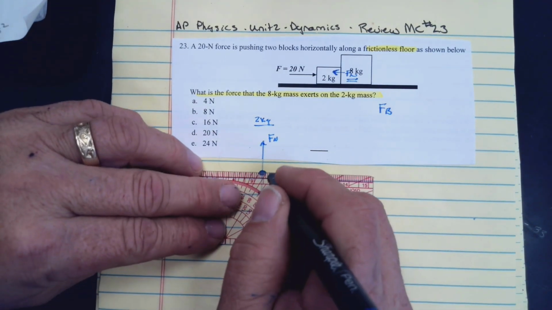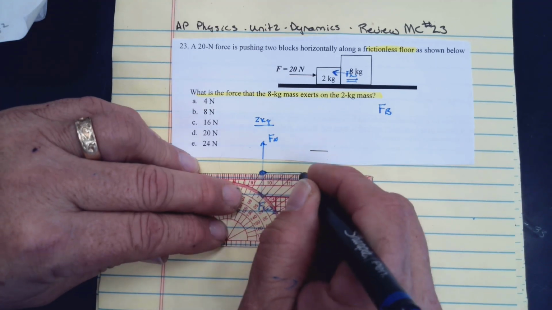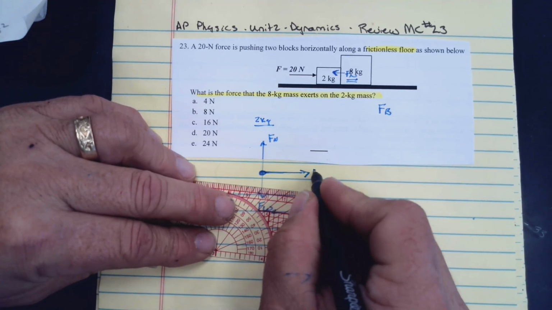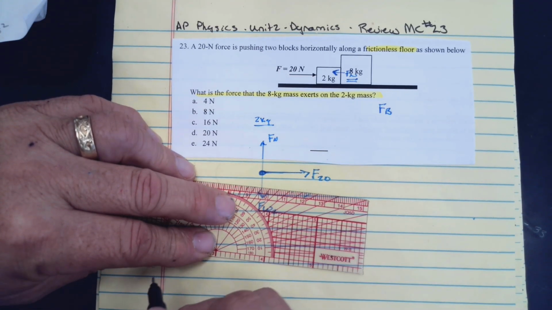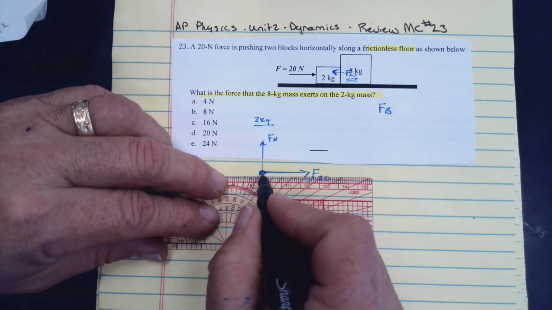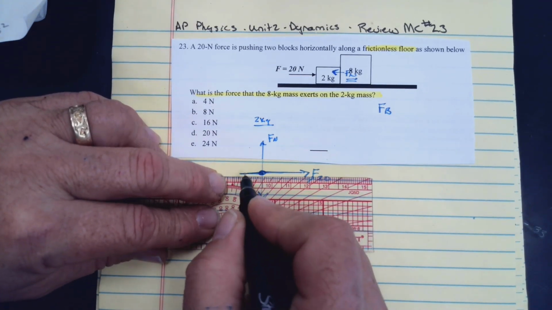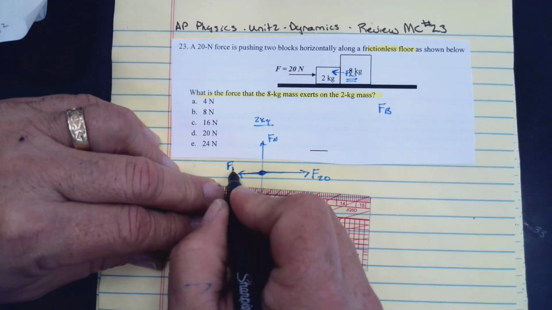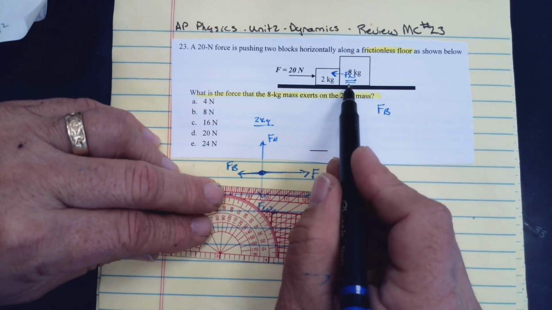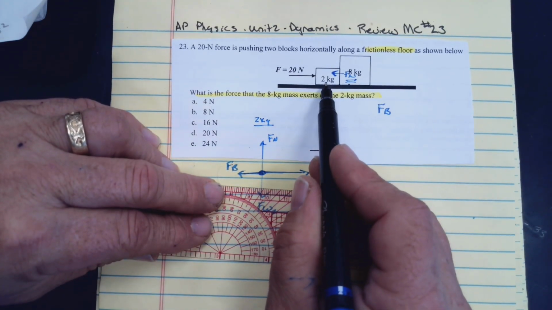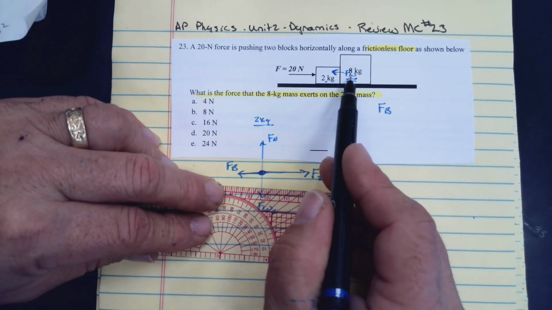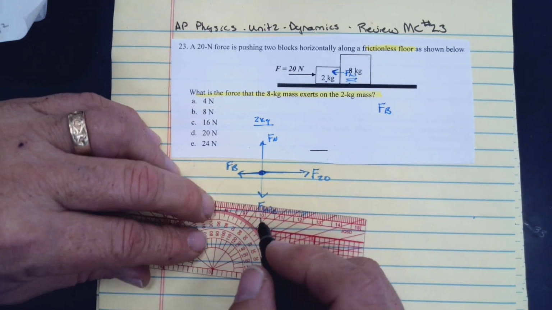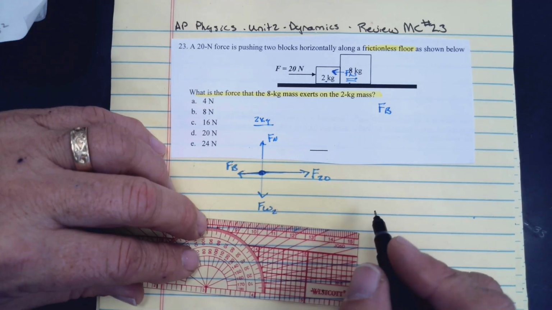I've got the additional 20 newton force, which I'm going to call F of 20, pushing against it. And then the one I want to know is F of B. This block resists when this one pushes against it, and that's a normal force again. So I'm going to call that F of B, like I said earlier.